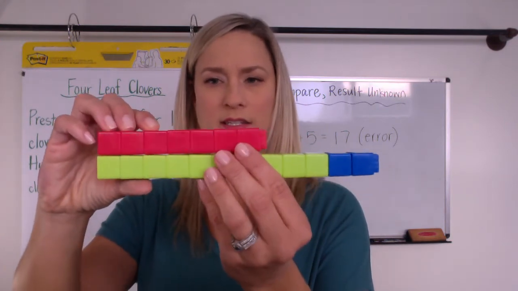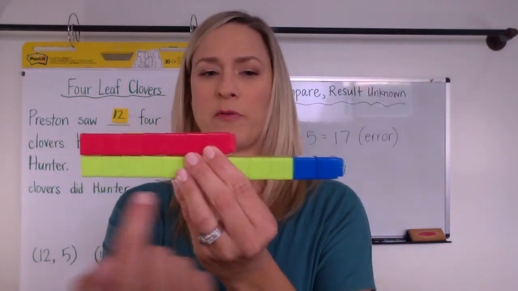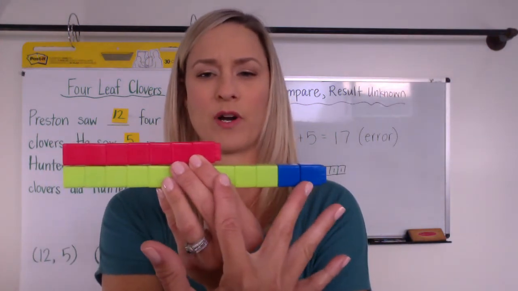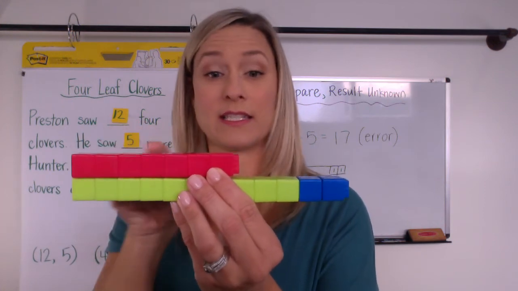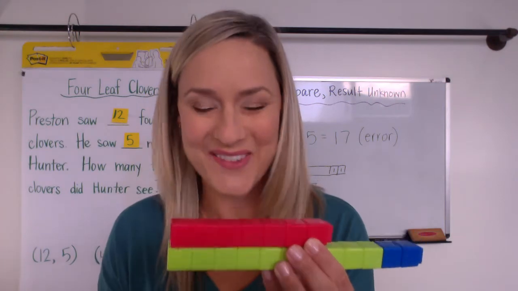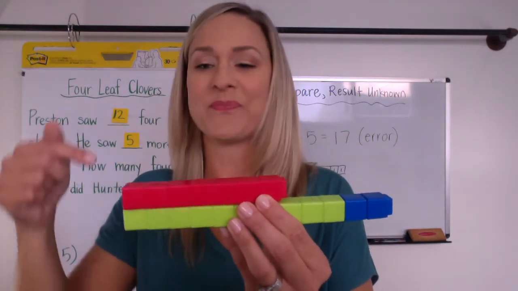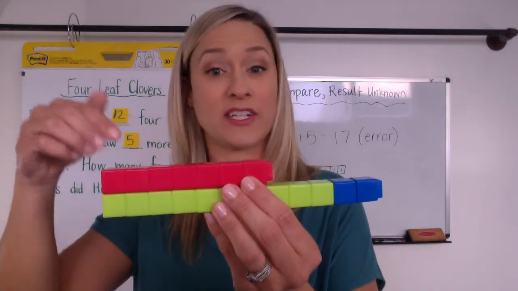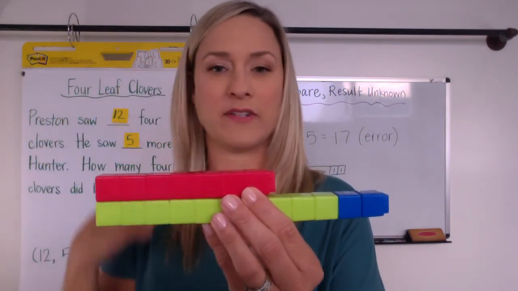This one has, all right, 1, 2, 3, 4, 5. Okay, so this would be Preston saw 5 more than Hunter. So that would make sense there. They can see it with the tools. Now, the answer is not 5. Now they might say the answer is 5, right? So we have another error that we're expecting that could be possible. The answer is actually here, right? 1, 2, 3, 4, 5, 6, 7.